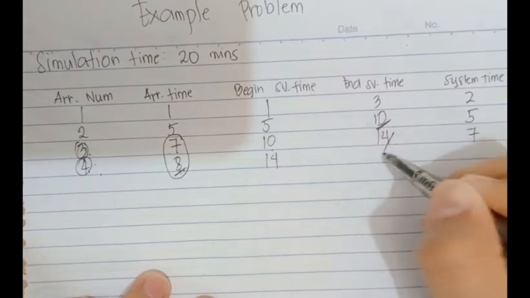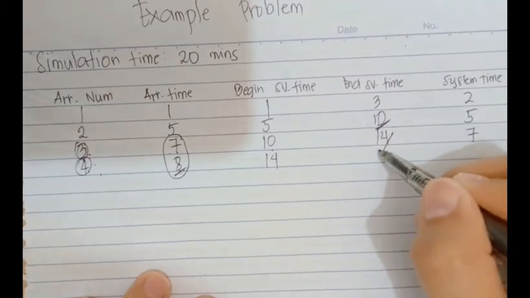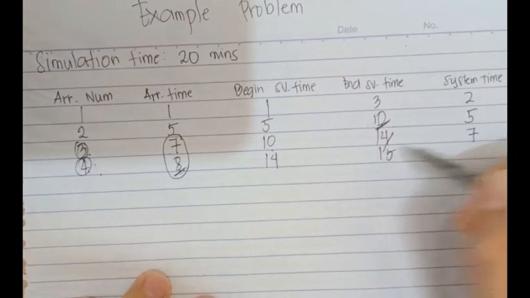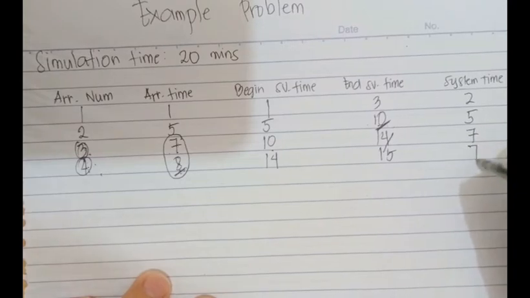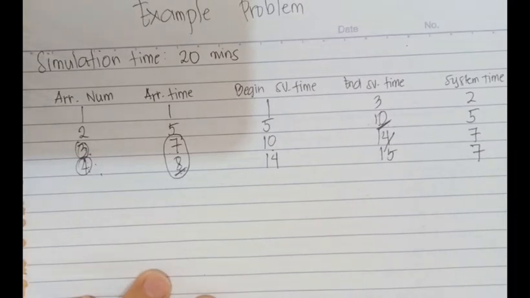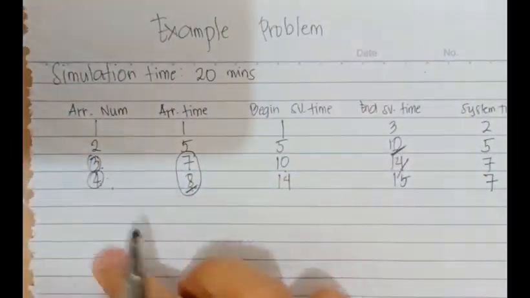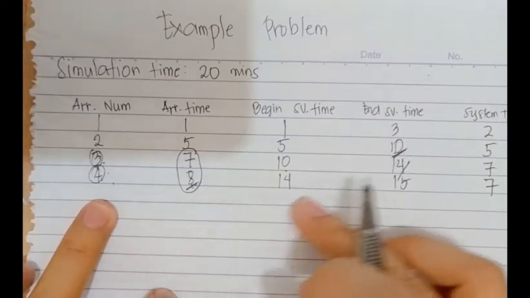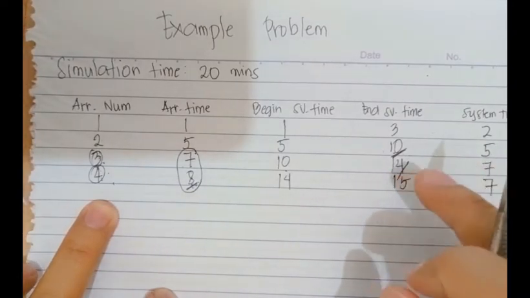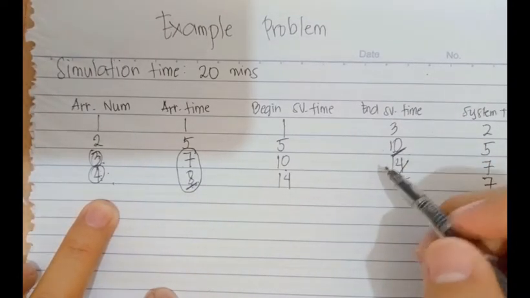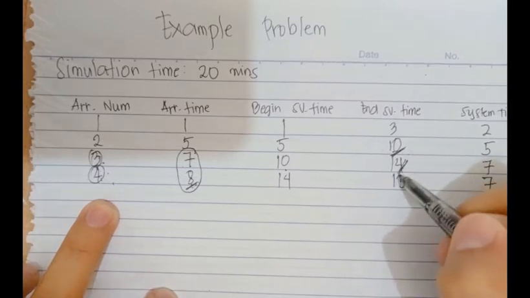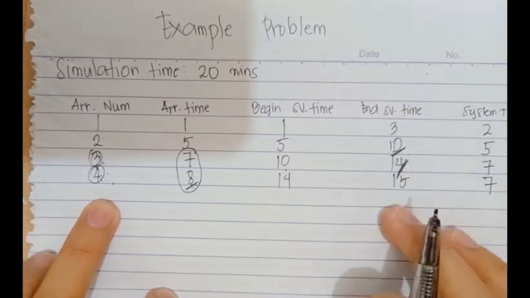So 14, and then its end service is 15. This is 7. Like I said earlier, the next relevant event is the end service of entity 3, since nothing new has entered our queue.